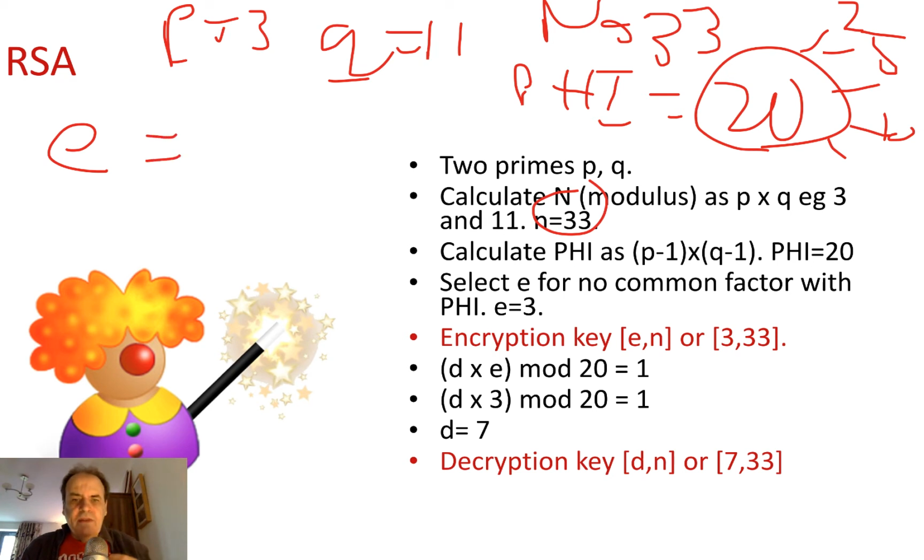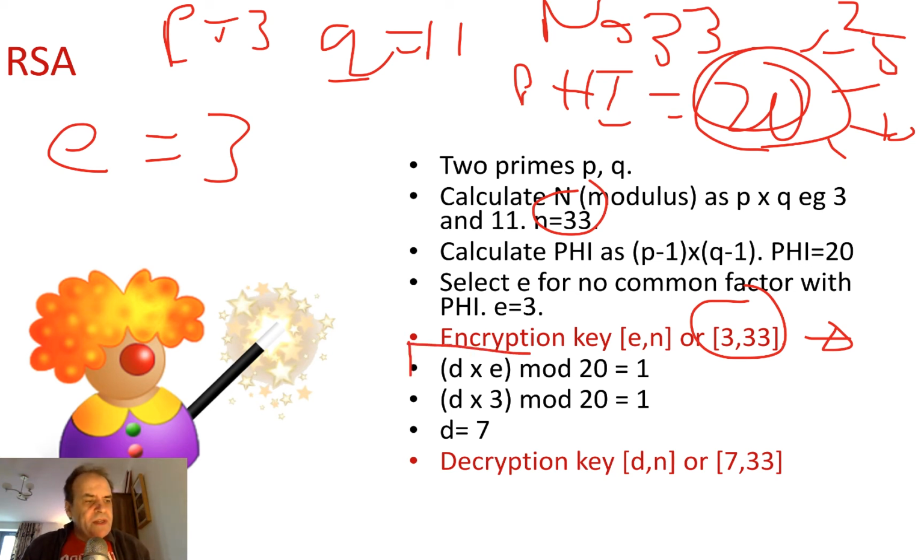So let's pick a value equal to 3, because that doesn't share a common factor with 20. So our encryption key is now the E value and the N value. So we'd tell the world what those values were. So if someone wanted to encrypt something for us, they would use 3 and 33.